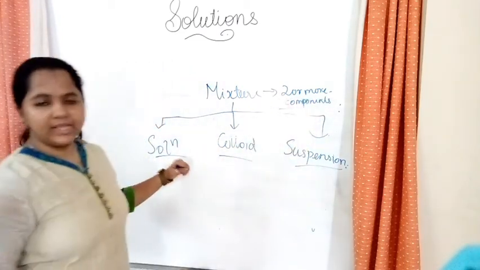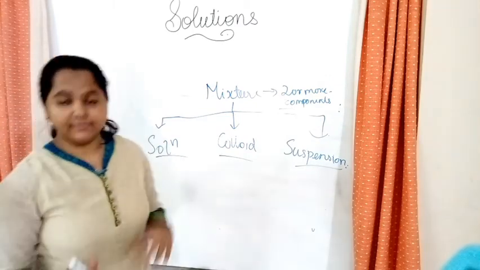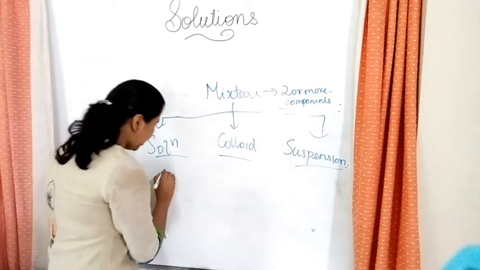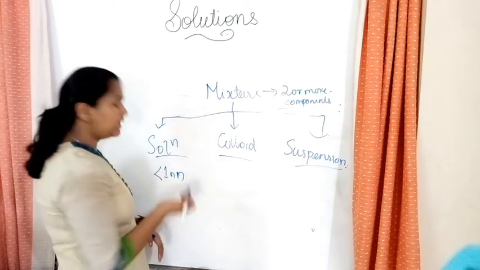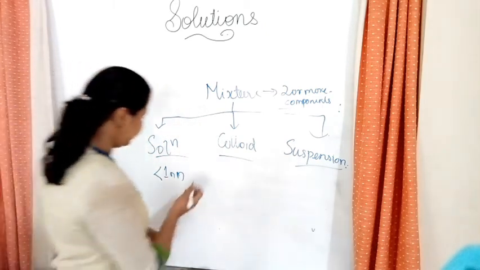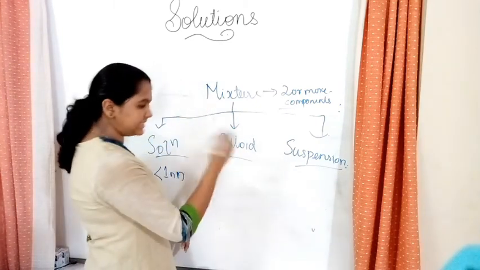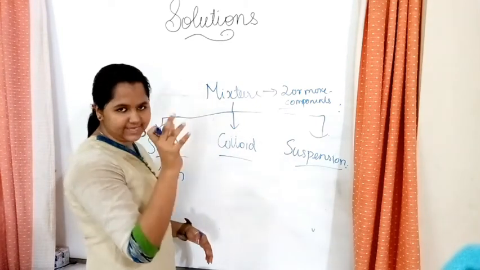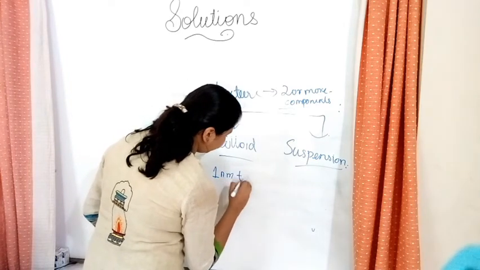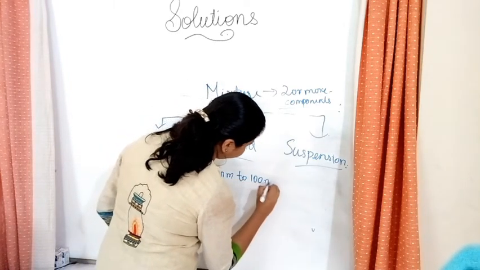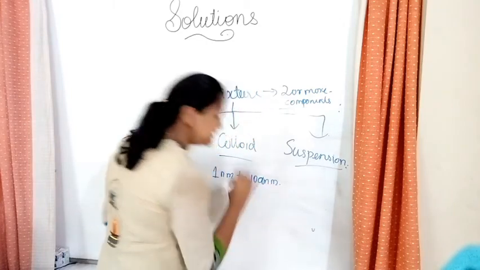In a solution, the particle size of the component is less than 1 nanometer. For colloids, the particle size ranges from 1 nanometer to, sorry, 1000 nanometers.